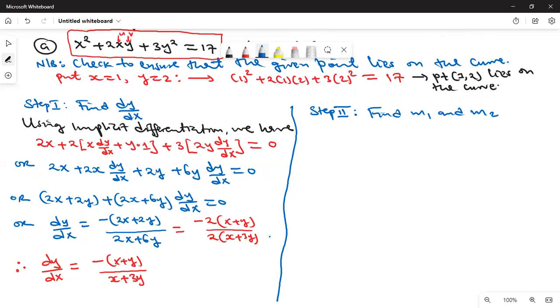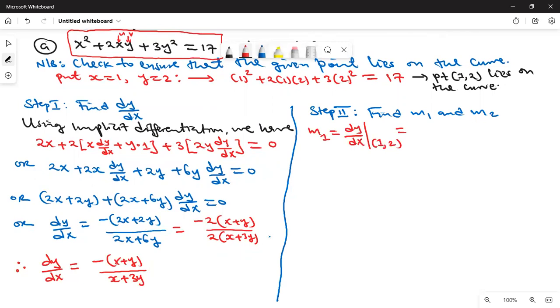So how do we find M1? M1 is simply dy/dx at the given point, which is (1, 2), that is x naught, y naught. So when you substitute x equals 1 and y equals 2 in our expression for dy/dx, what do we get?